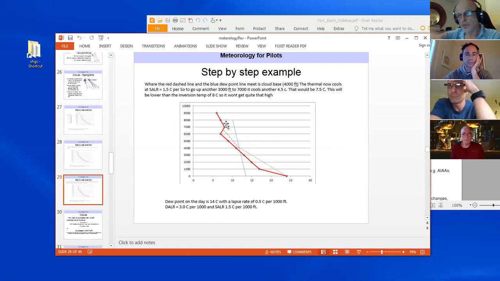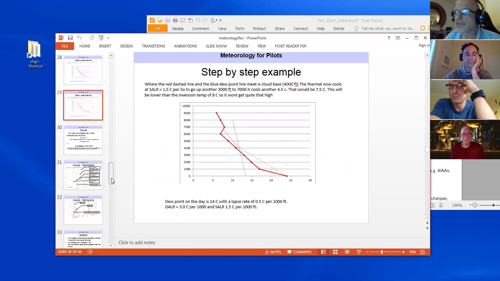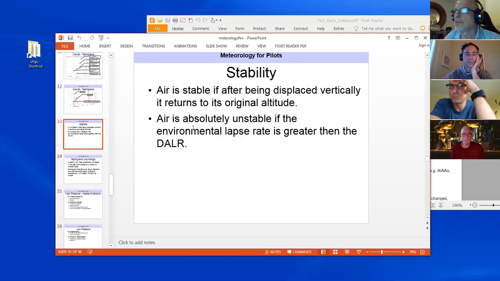It tries to rise because there's lift, it can't, it cools, and it's brought back down again. So that's the definition of stability: it's displaced vertically, it will return to its original altitude. The reason it returns is it's no longer warmer than the surrounding air, so it has to sink, so it comes back down again.